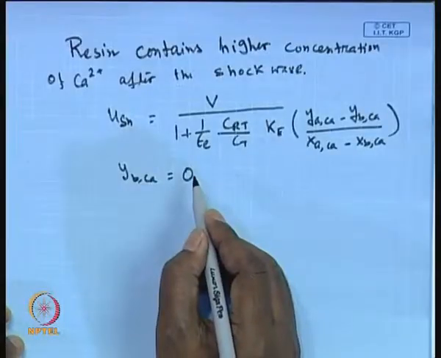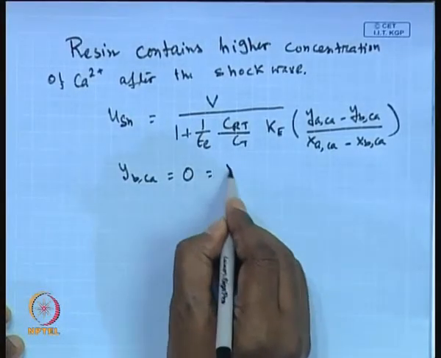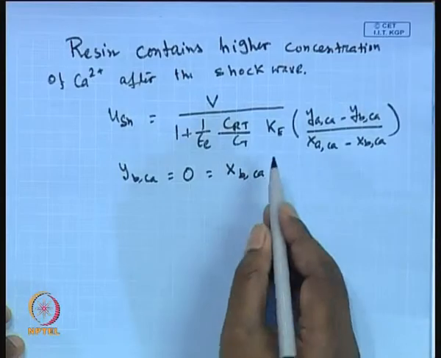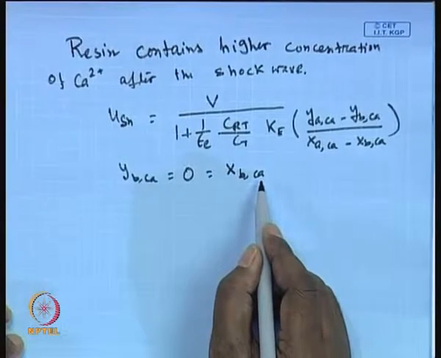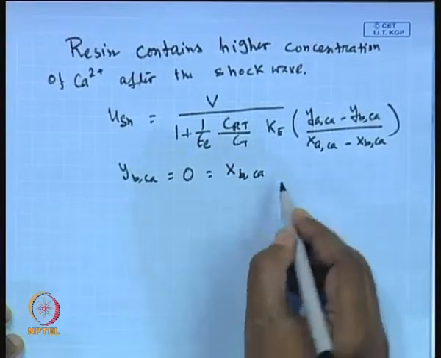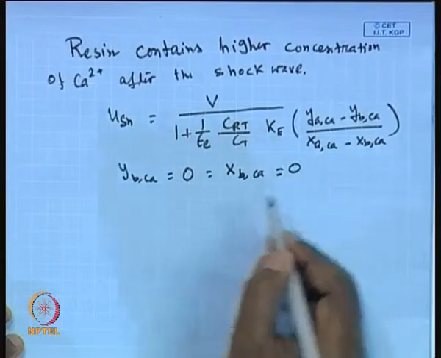After you have passed the solution, it will be exchanging the calcium. So, before that it will be having a value 0, and Xb Ca, that means the concentration of calcium in the liquid stream, is also equal to 0.